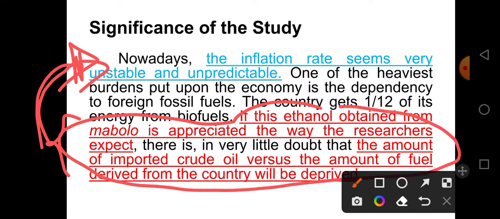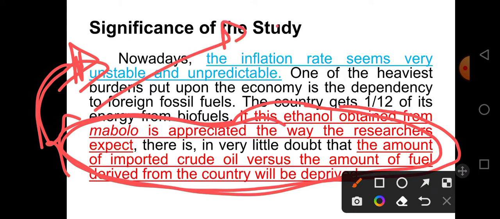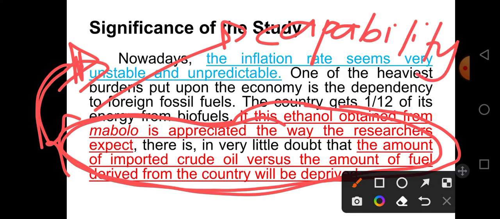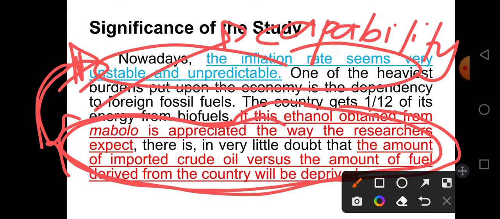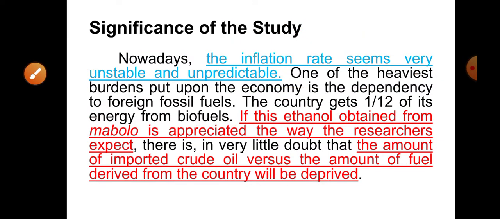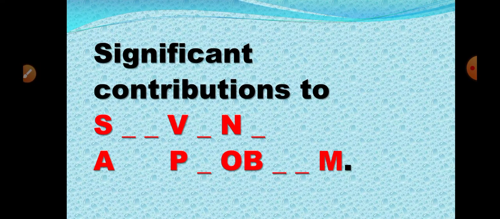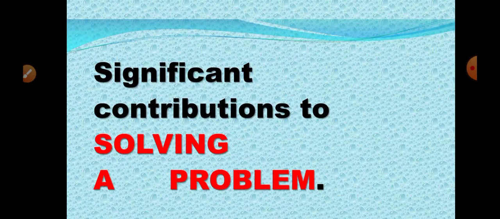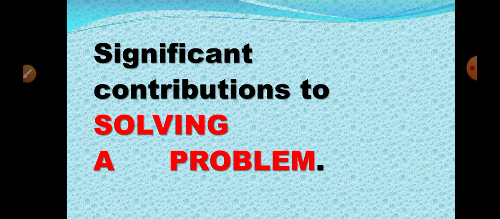So this statement here, highlighted in red, provides an idea that the study has a potential, or capability, to solve such existing problem in our community. Therefore, the significance of the study will also reveal the significant contributions on how your study can solve an existing problem. So that will be our third guideline.